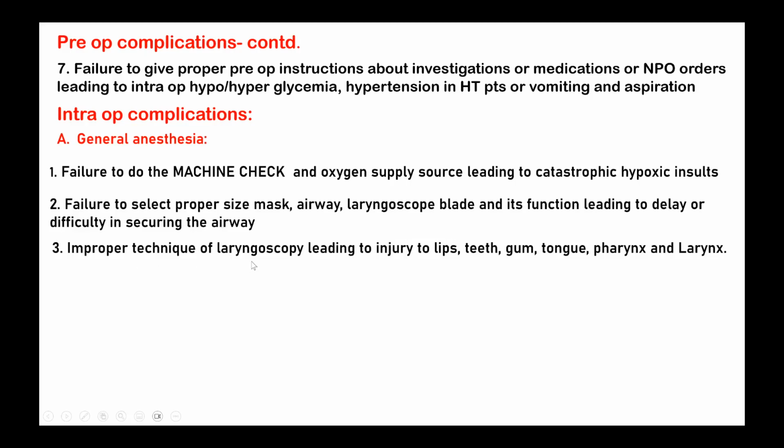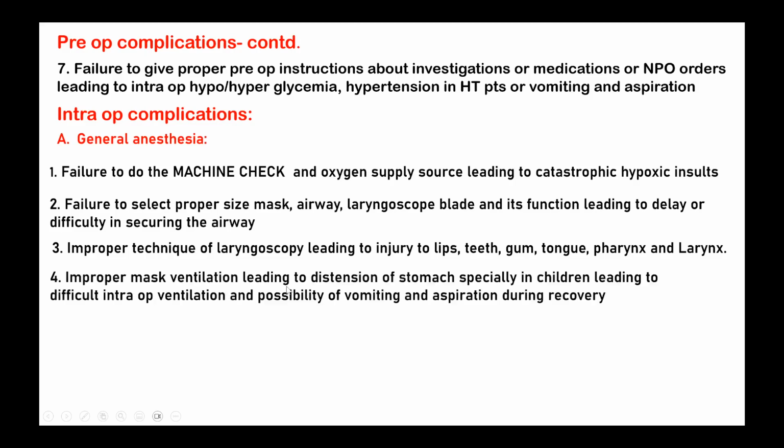Third thing is doing a proper technique in laryngoscopy to avoid injury to lips, teeth, gum, tongue, pharynx and larynx. And improper mask ventilation leading to distension of the stomach, especially in children, due to an ill-fitting mask or a high flow, which is unnecessarily used for ventilating the patient, which may result in the possibility of immediate post-op or intra-op vomiting and aspiration.